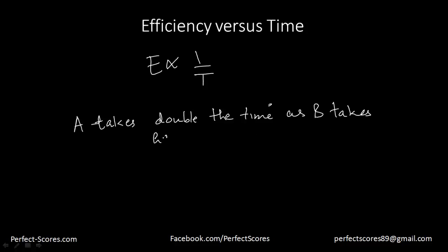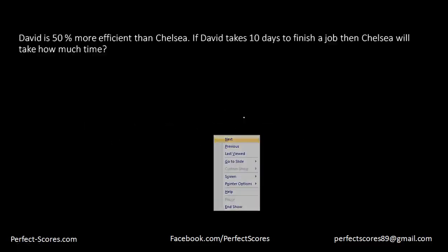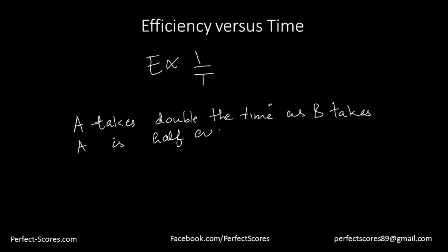Then A would be half as efficient as B. In these two statements, A takes double the time as B, and A is half as efficient as B, which is correct.